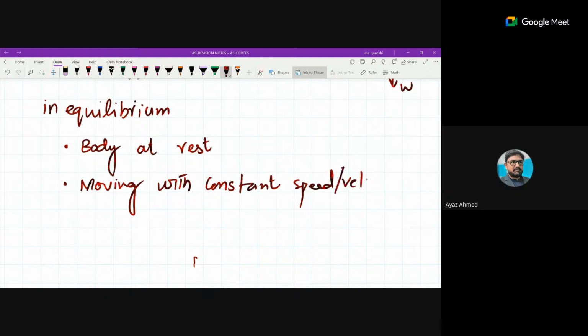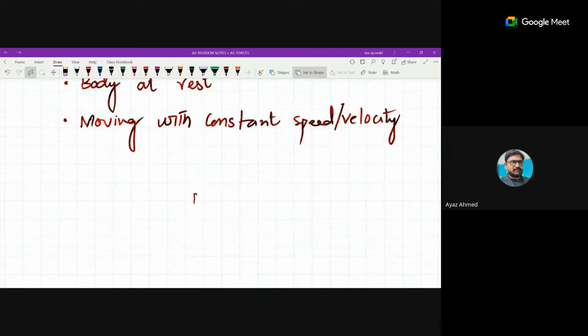So if this is happening, then you can simply say that the object is in equilibrium. When an object is in equilibrium, tension will be equal to weight. I was just explaining the concept of weight. So there, the tension is equal to the weight of the object.